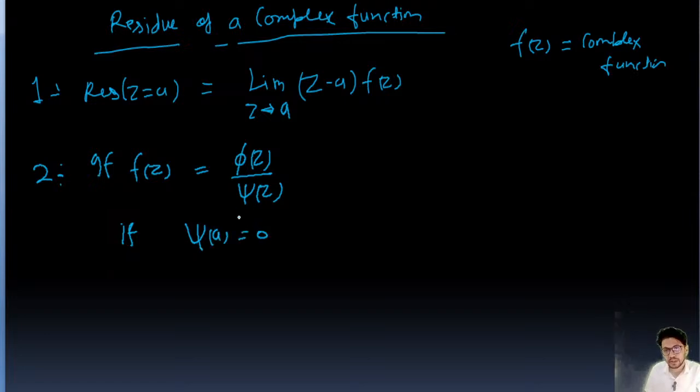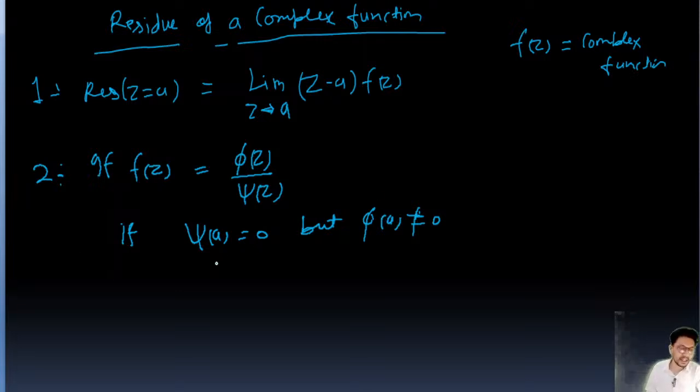If you put z equal to a in the function psi(z), it gives psi(a) equal to 0, right? But phi(a) is not equal to 0. This function, on putting z equal to a, does not give a 0 value.